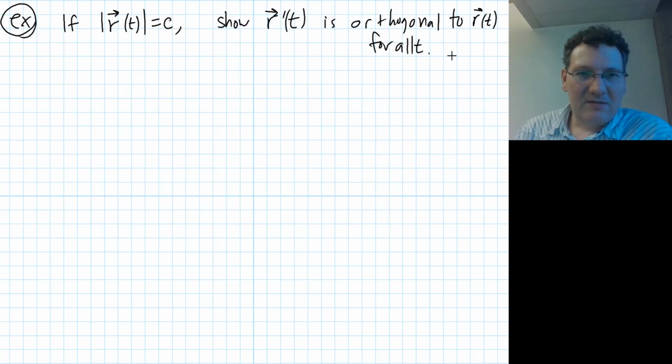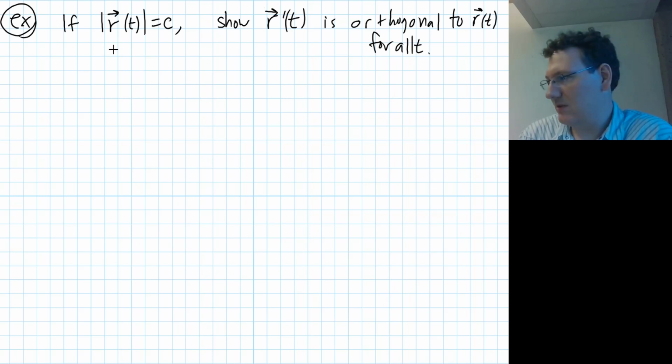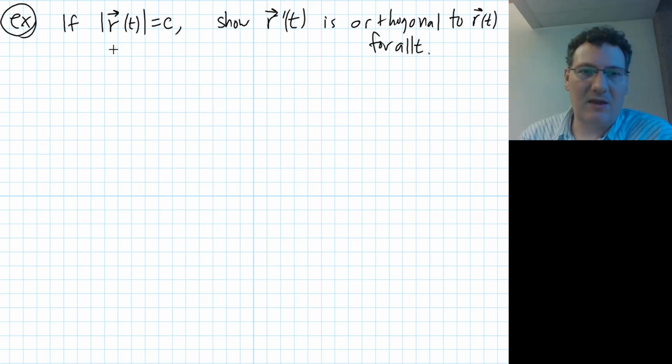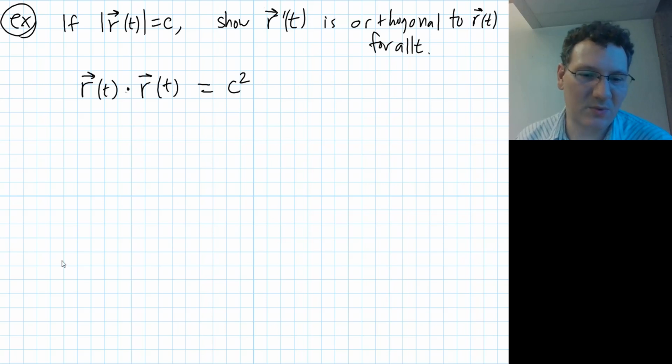So we're going to use this fact to make this proof that if the absolute value of r of t is equal to c, so some constant, so no matter what value t is, the vector's magnitude is always constant, then its first derivative, the tangent vector, is orthogonal to the position vector for all t. Okay, this is what I want to do.